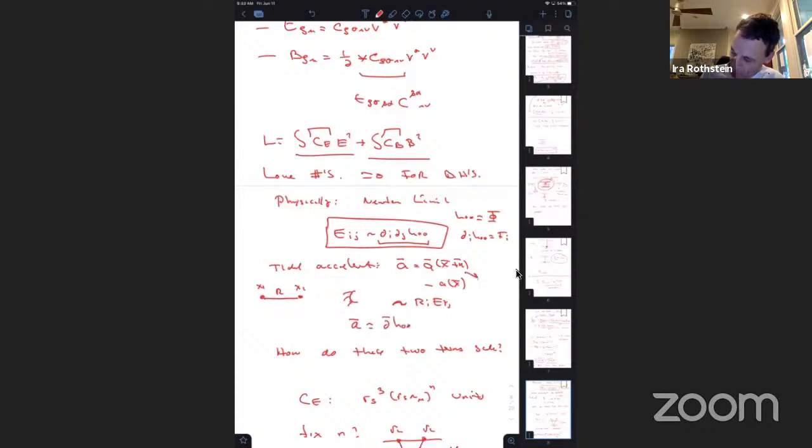And now if I expand this, this goes like dA, but dA is going to be ddh00. So you can see that eij gives you the tidal acceleration. So now we can understand why this is the polarizability. It's how things get pulled apart when you put them in a background field.